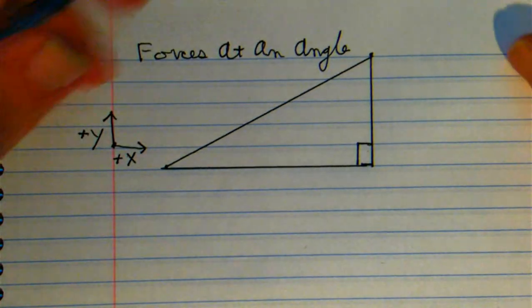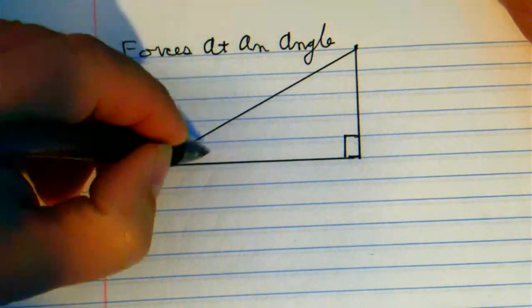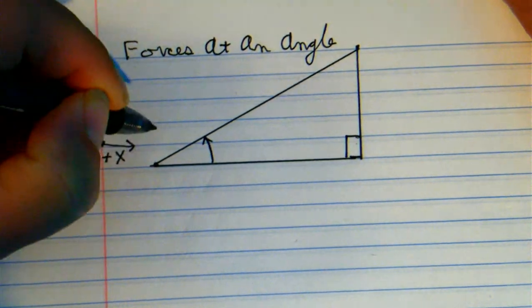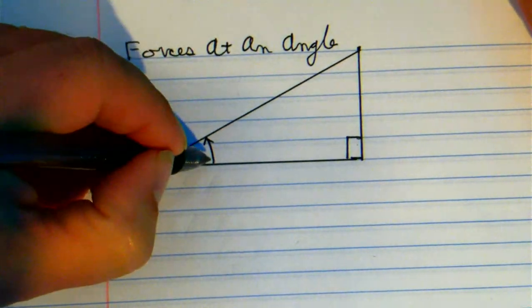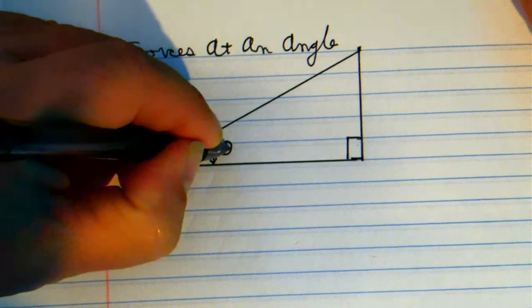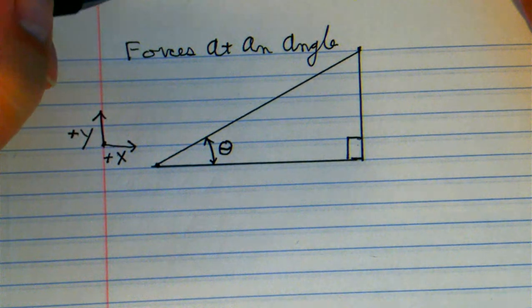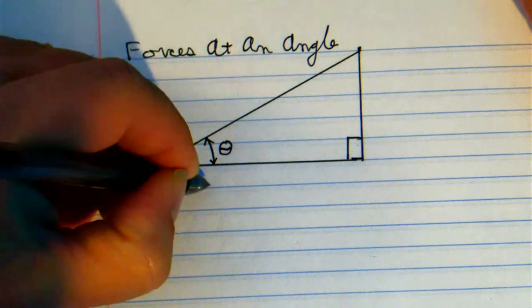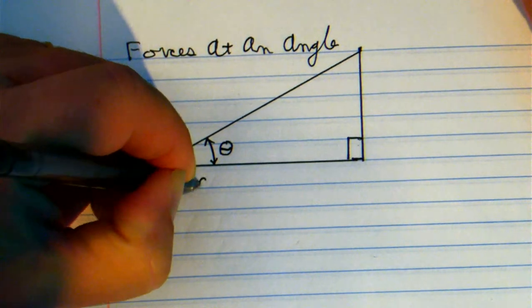All right, so the point of view is often from this corner of the triangle, but be aware, you might be from the other side. I'm going to call this reference angle theta, the Greek letter theta. The side nearest this reference angle is called the adjacent side.